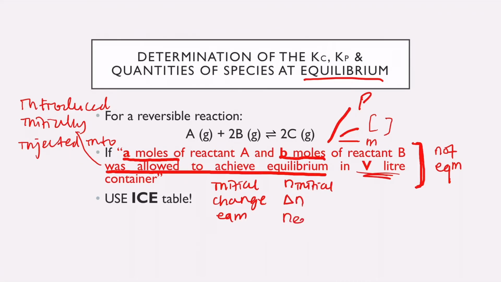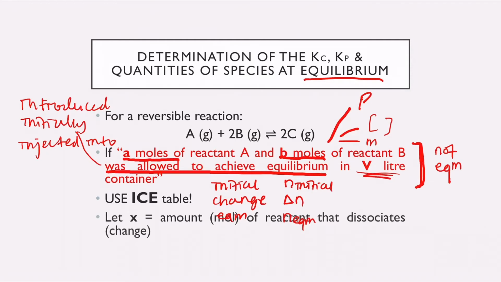Equilibrium I will write as n equilibrium. So your x is the amount of mole of reactant that dissociates. So that's your change. Here it will be x. We use the letter x to represent dissociation. Okay, dissociation.